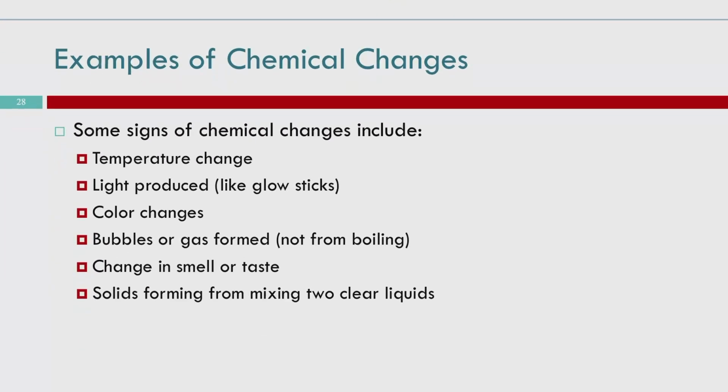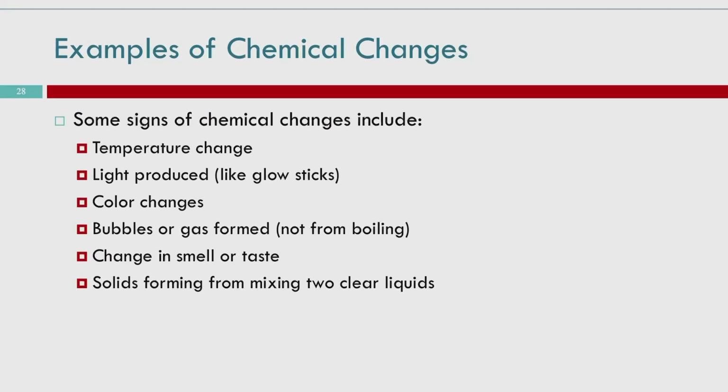Some signs of chemical changes include temperature change, which can sometimes be a sign of a chemical change, like instant ice packs. There's a reaction going on that's causing the temperature change. The light produced by glow sticks is an example of a chemical change. Color changes, like copper turning green.